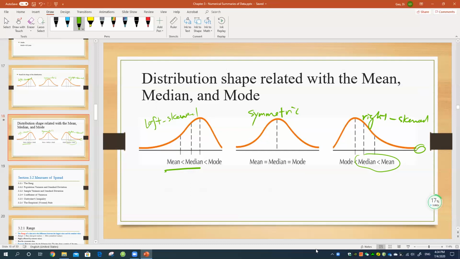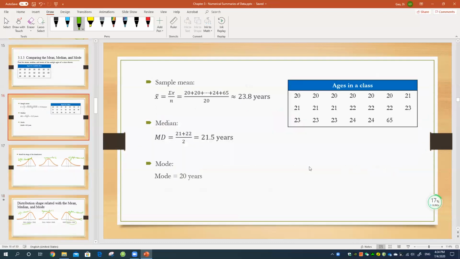Now let's look at the previous example. So what's the shape of this data set? We have the mean more than the median.